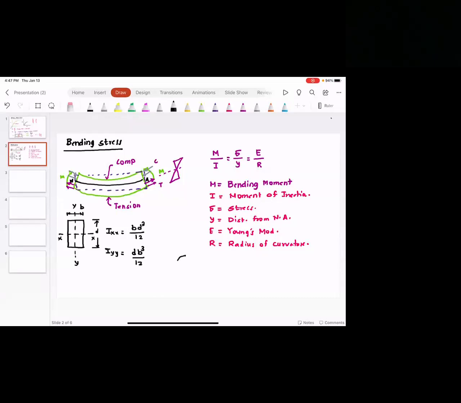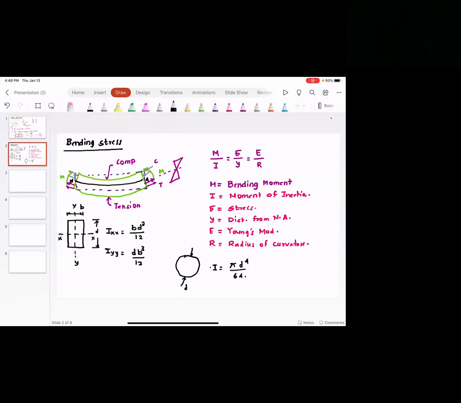Similarly, if you have a circular cross section of diameter D, the moment of inertia is pi d raised to 4 divided by 64.